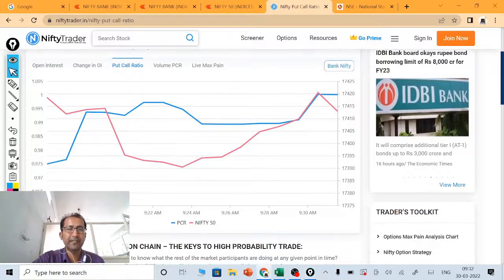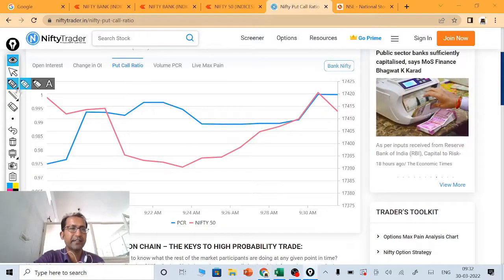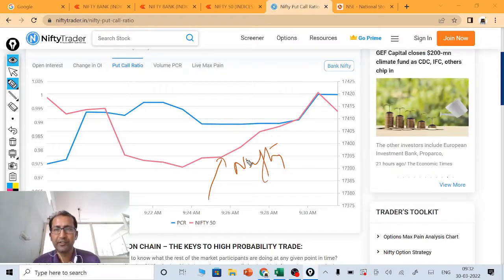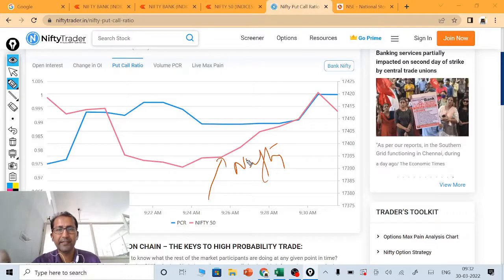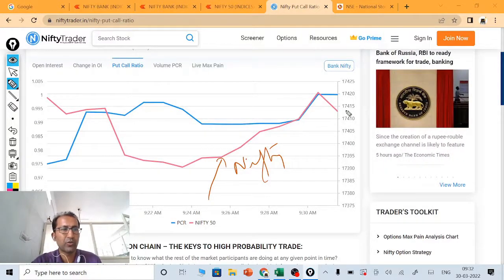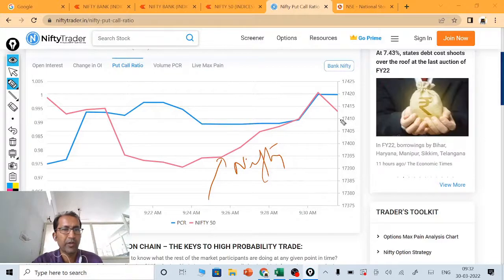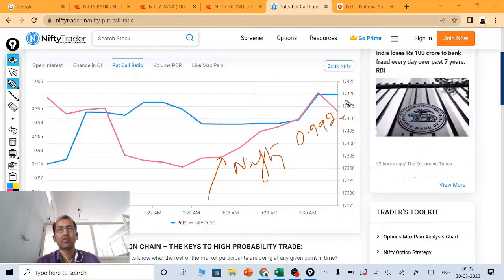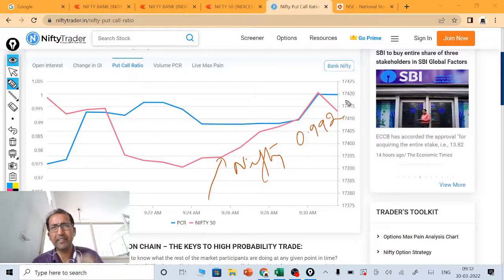The red line indicates Nifty. Compared to yesterday, the put call ratio has fallen to somewhere around 0.992. So 0.992 is the put to call ratio, which is almost neutral. It is not suggesting any big thing.